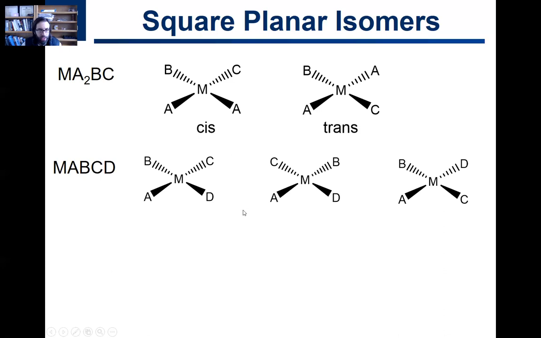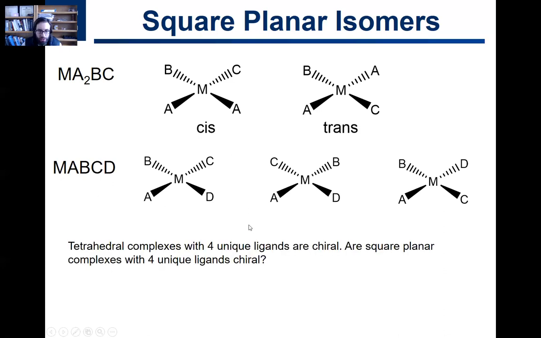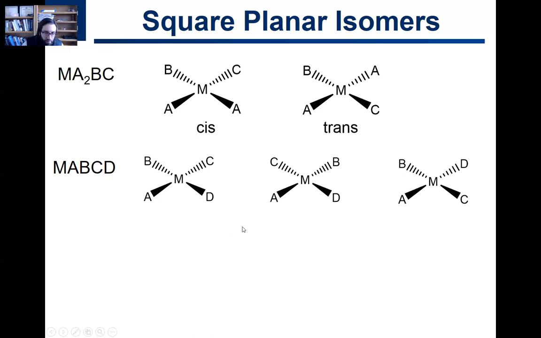What if you have 4 different ligands? We can call that MABCD. Well, then it turns out you have 3 different possibilities, okay? And basically, the way you can think about this is for every one ligand, you have the option of being trans with 3 different partners. So this is the AC trans pair, the AB trans pair, and the AD trans pair, right? So A was trans to B in one, trans to C in the other, and trans to D in the other.